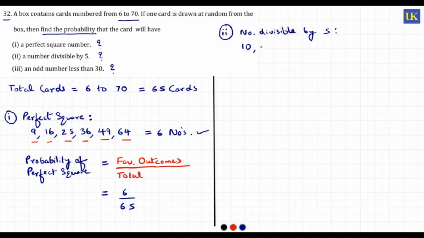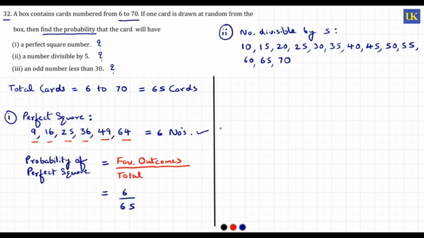So all such numbers we need to take: 10, 5 threes are 15, then 20, 25, then 30, 35, 40, 45, 50, 55, then we can take 60, 65, and even 70, because the 70 card is there. So these are the numbers.